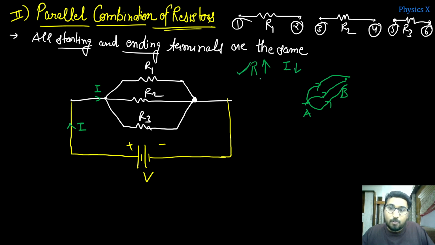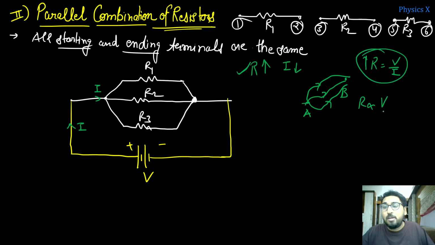So please understand this right here, that the path with the most resistance is going to have less current, as we know that simply R equals V by I. So you can see from this relation that resistance is inversely proportional to current, so the current will follow the path of least resistance. Suppose the number of vehicles is your current, and these different paths, because there are too many.